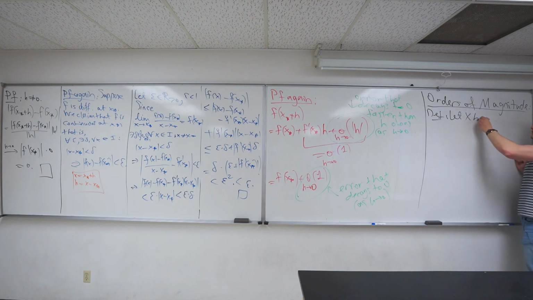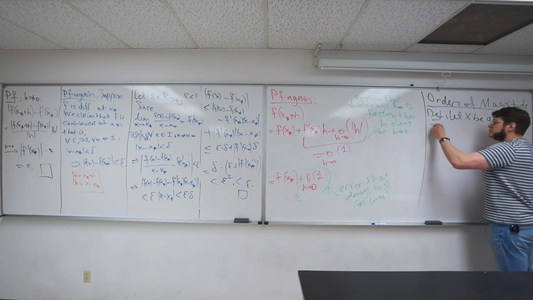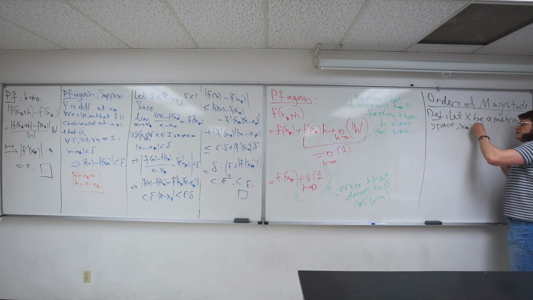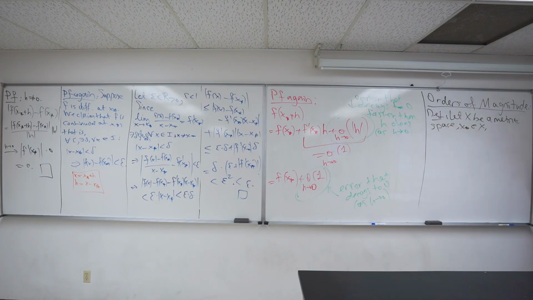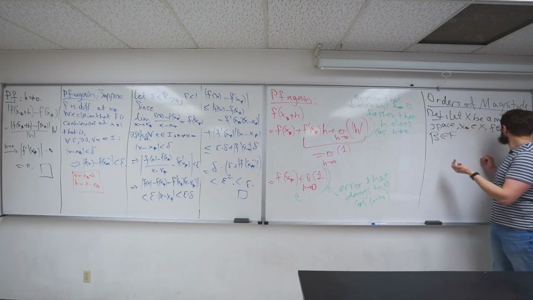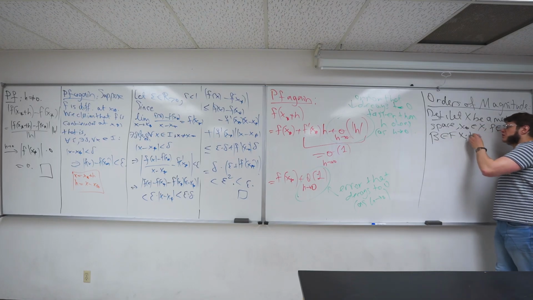Let X be a metric space, X star be in X. I'll take one function taking real values on X, and I'll take one bound function beta. That's basically kind of a gauge on X.